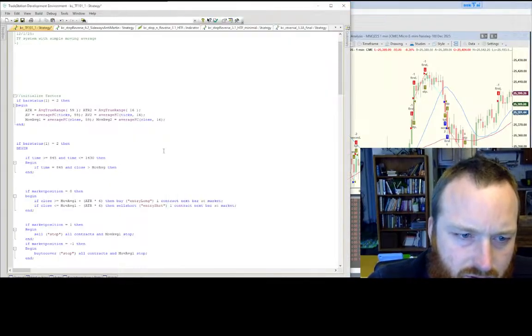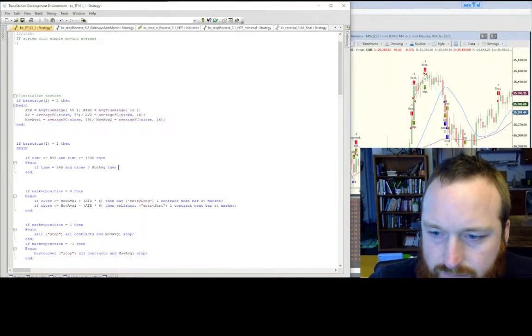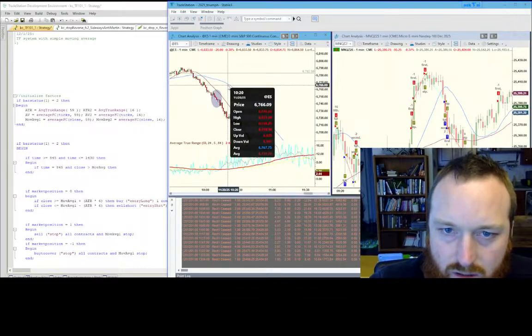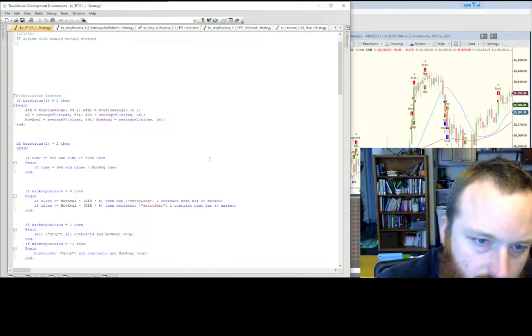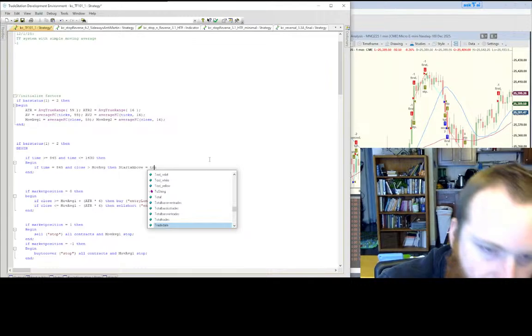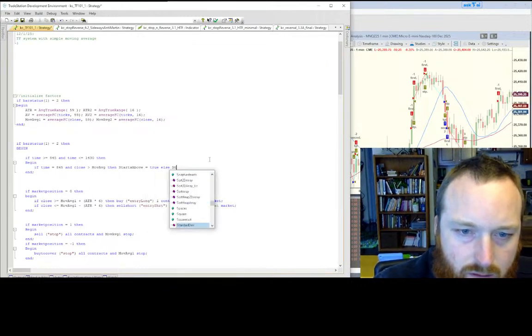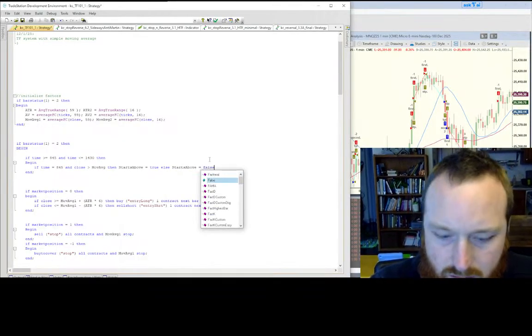So if time is equal to 8:45 and the close is greater than the moving average, I need to make sure that it goes below it. So then starts above is equal to true. Else starts above is equal to false.